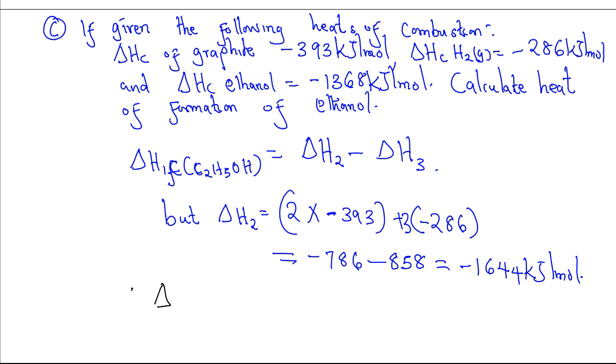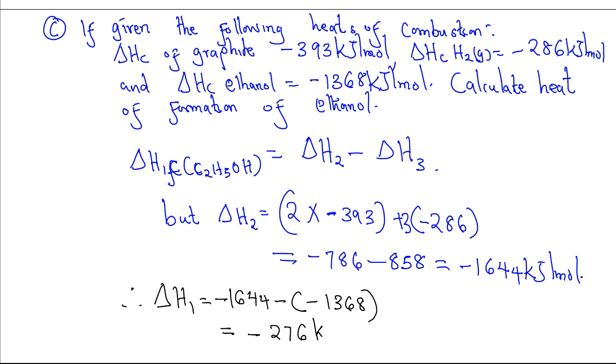Delta H1 therefore will be delta H2, which is negative 1644, minus 1368 for the combustion of ethanol, and that gives negative 276 kilojoule per mole.